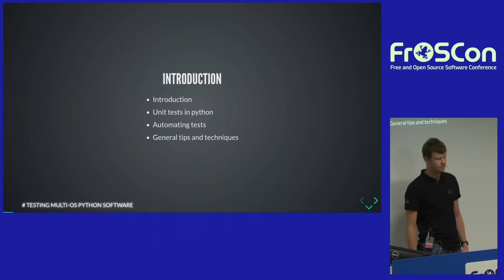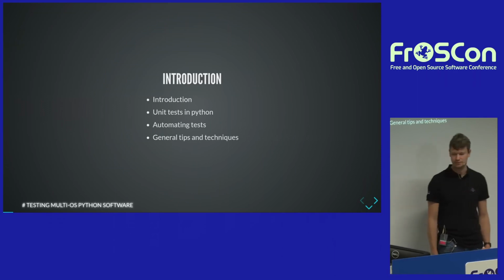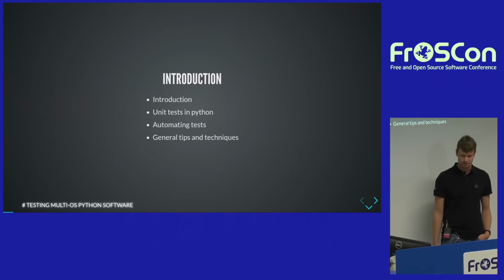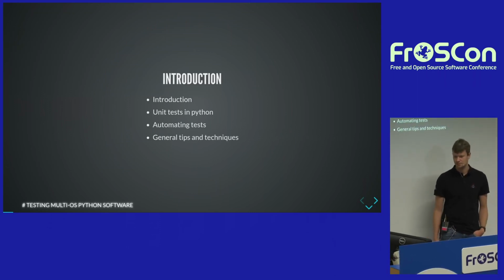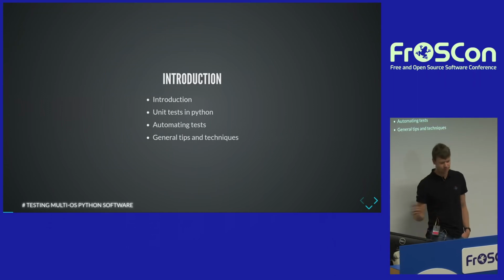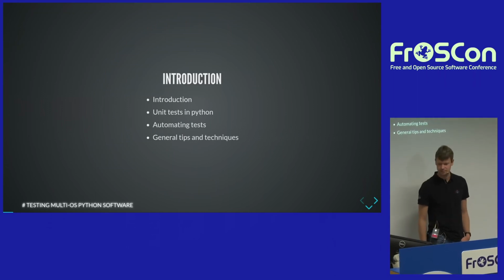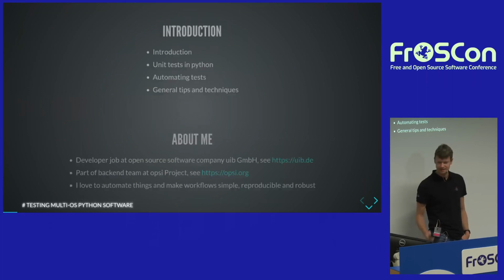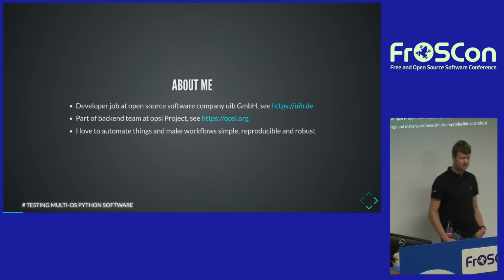And in the end, I'm going to wrap up with some general tips and techniques on how to develop software, how to use tests, and some more general things about that topic. And this is from my personal experience and not necessarily textbook stuff.